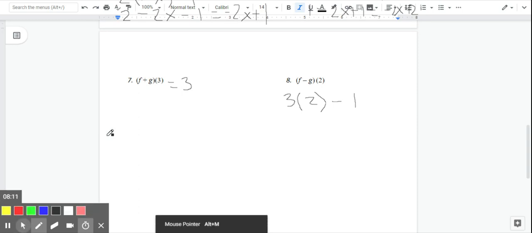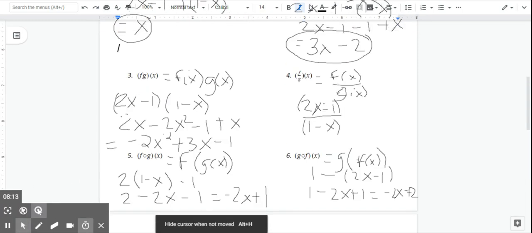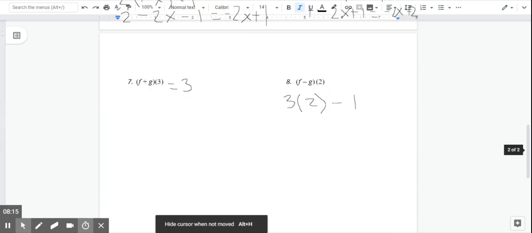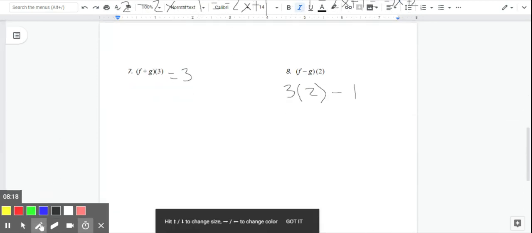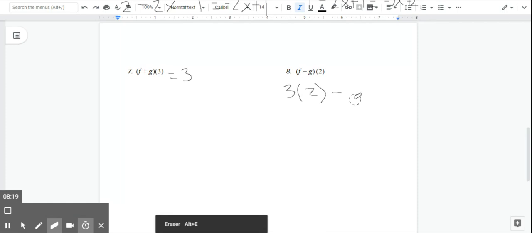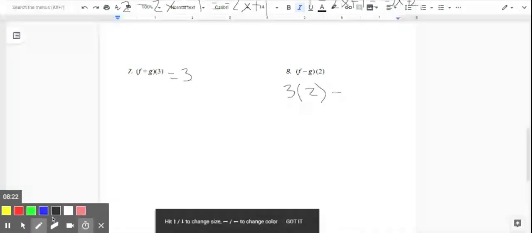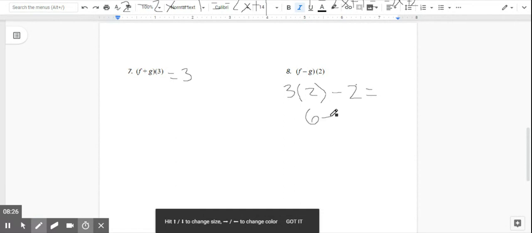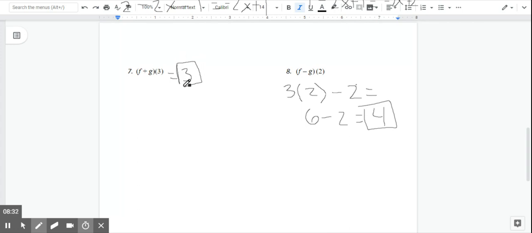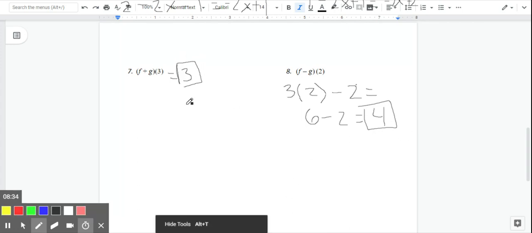Just make sure it was minus. Oh, it's minus 2. So 3 times 2 minus 2 gives us an answer. So we get 6 minus 2 equals 4. And for these, when we're plugging in a number, you should get a number as your final answer.